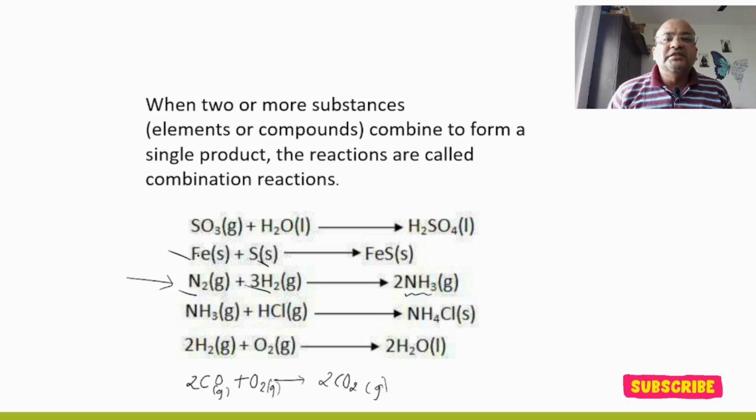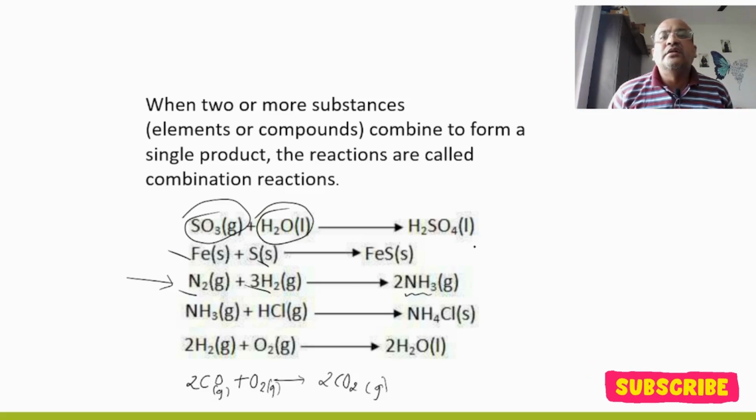In this what we see is that two compounds can also react. So sulfur trioxide reacts with water to give sulfuric acid, right? Or you can find that one single element can react with a compound.